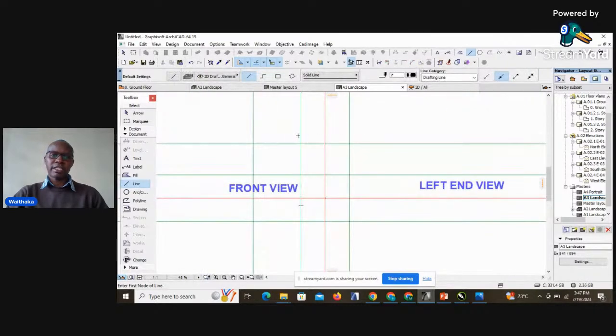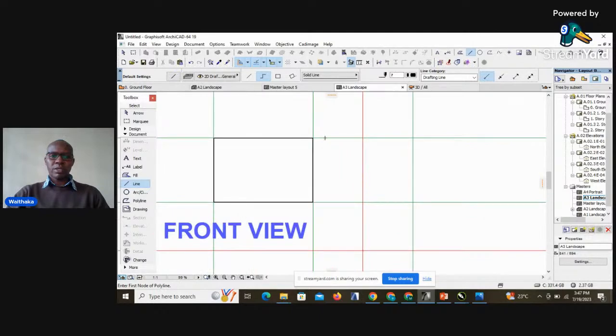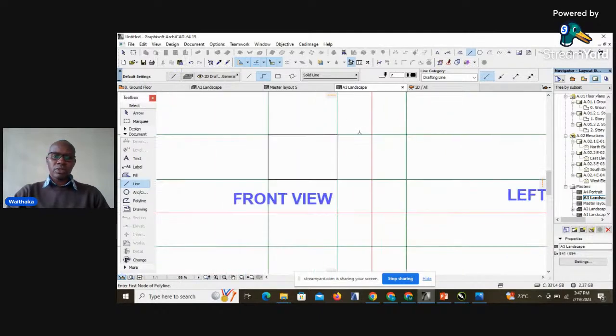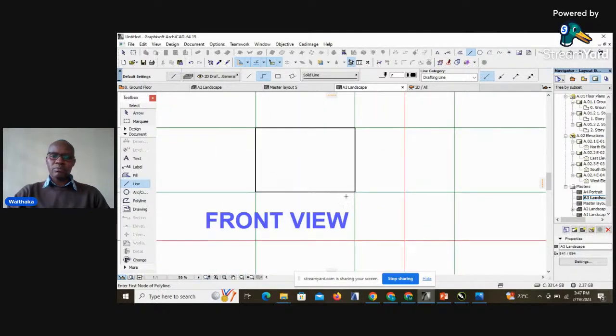Maybe I can just highlight it in black so that you're able to see what we are talking about as our front view. That will be our front view, because it's just a rectangular shape, 60 millimeters by 40.